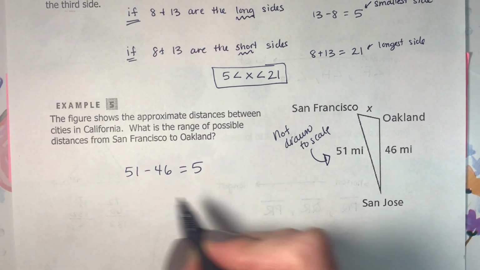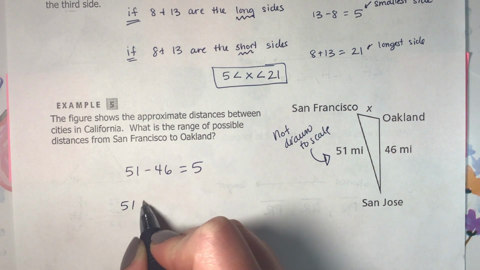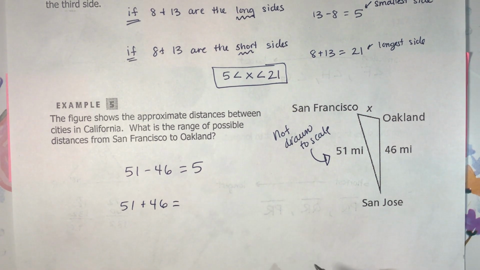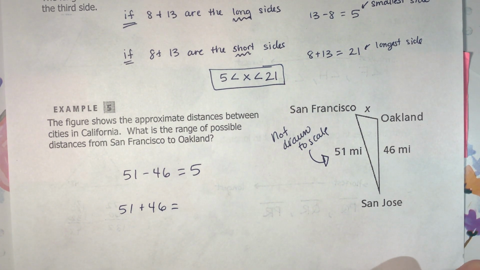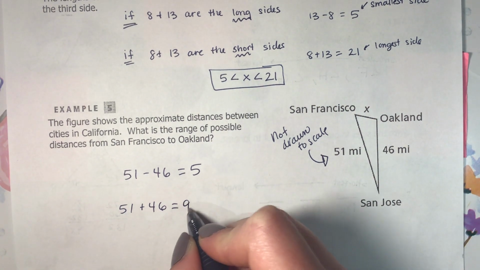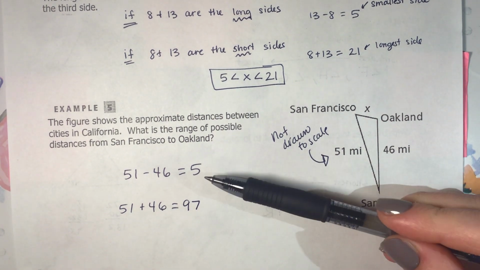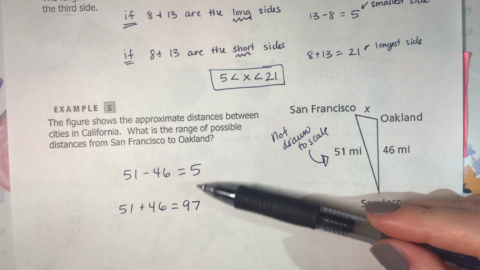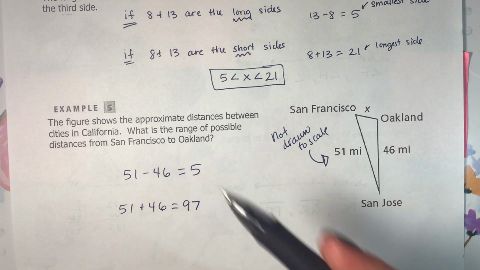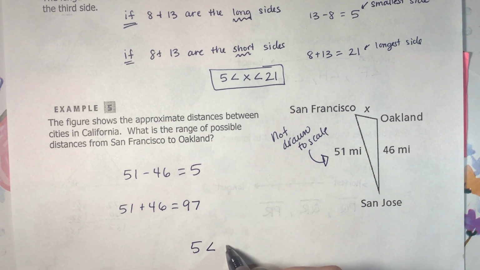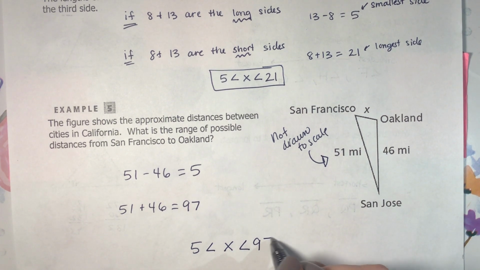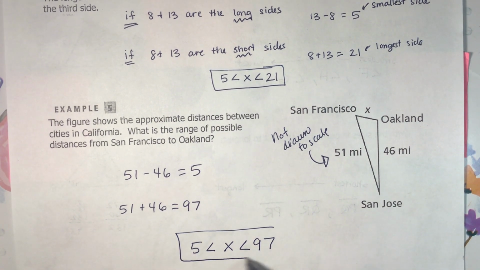Or they could be the short sides, so I'm going to take 51 plus 46, and that's going to get me 97. Now I have my range. The shortest it could be is 5. The longest it could be is 97. So I'm going to say 5 is less than x, which is less than 97. And we're working in miles.